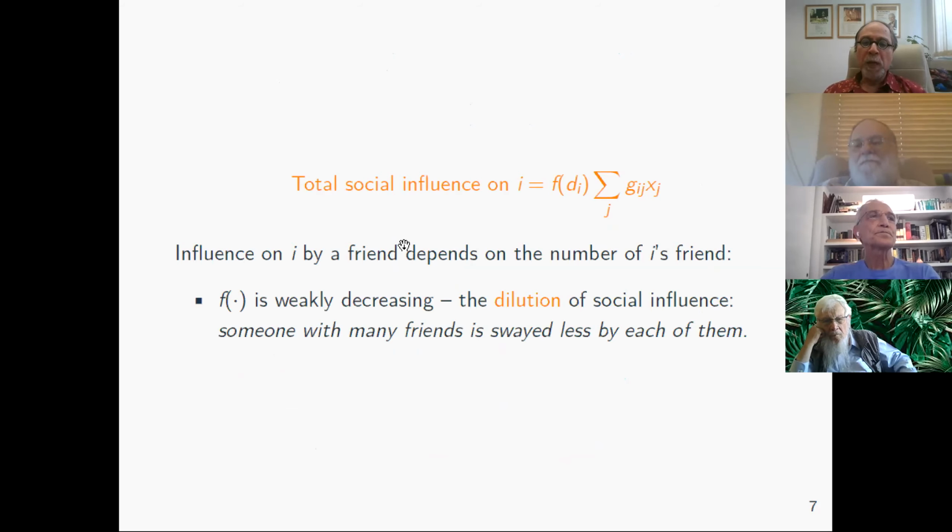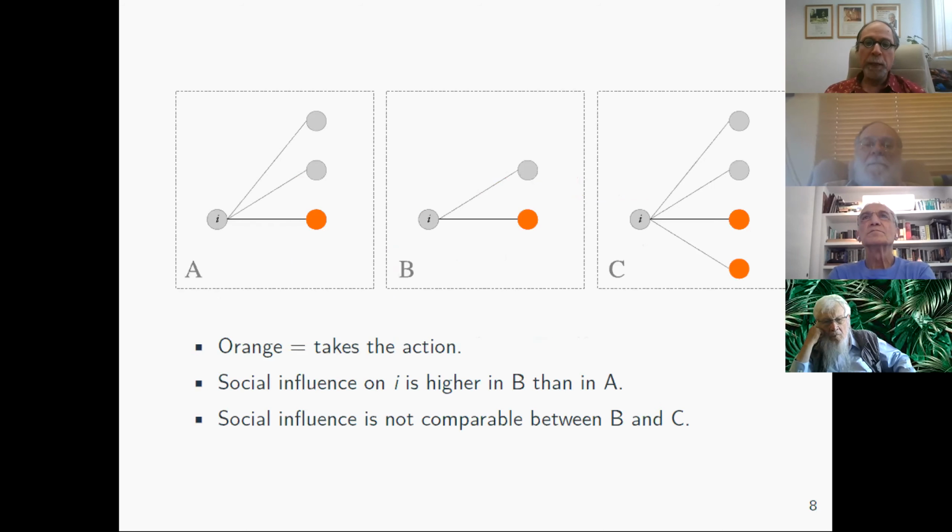So I'm going to assume that FDI, which I interpret as a dilution function, is going to be decreasing. Fix the number of people who take the action: the more people I have, the more I have to dilute it. Here is a simple example.